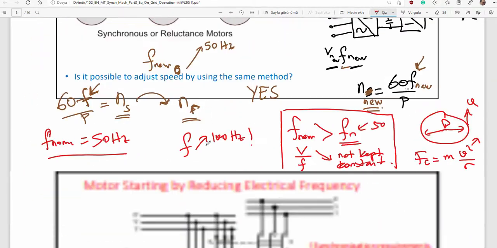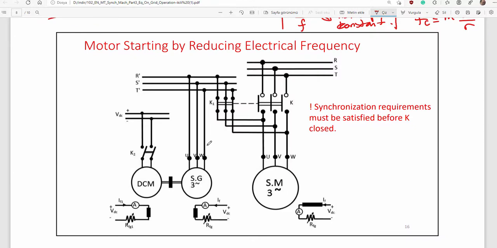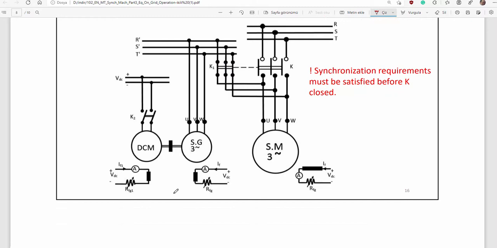Okay, there will be some other methods. For example, here would be an auxiliary generator.